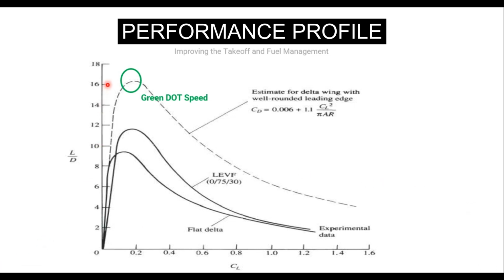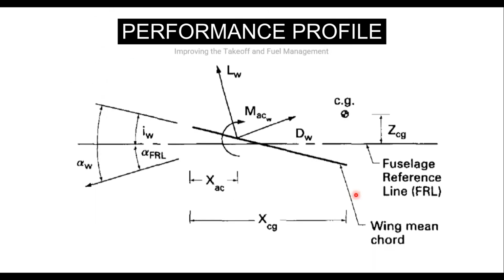It increases with the CL until this point, and then it decreases again with the CL. So whenever you increase the lift coefficient of the airfoil or of the aircraft, you start to get less lift over drag. How will this happen? I'm leaving this part to the end because it's very technical.